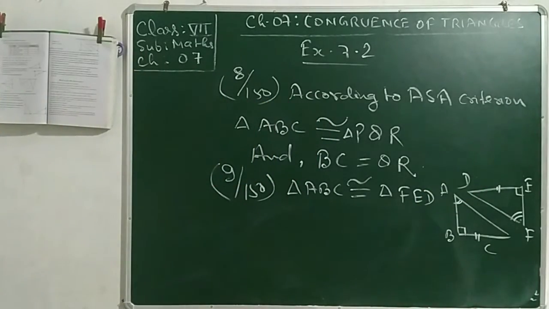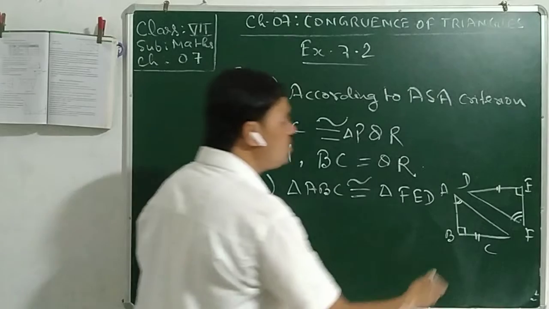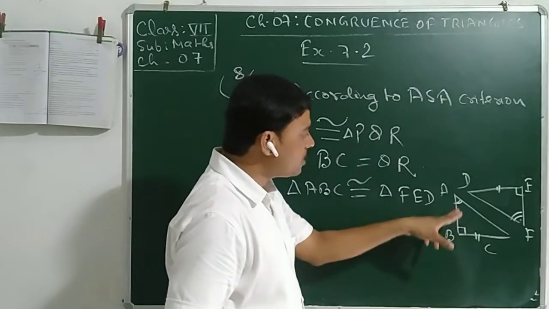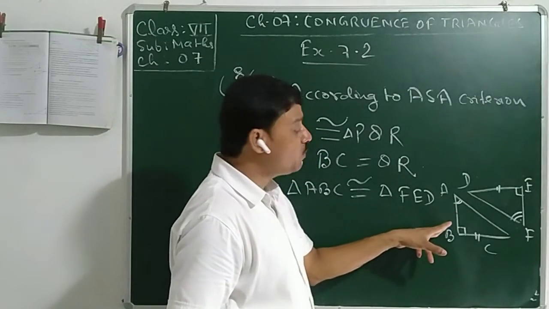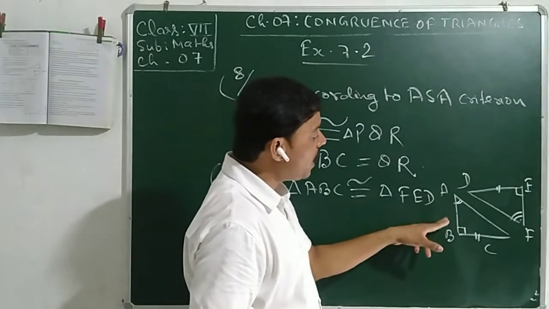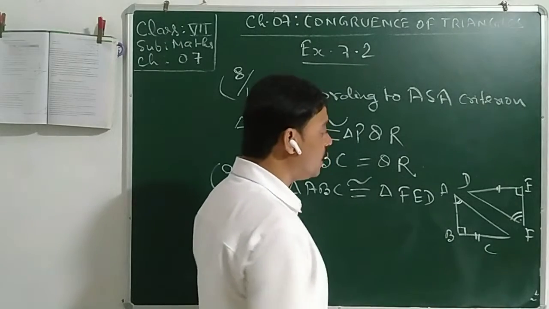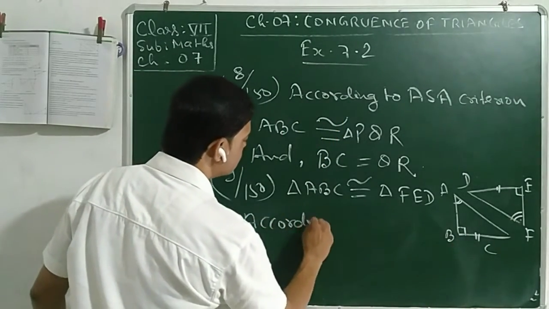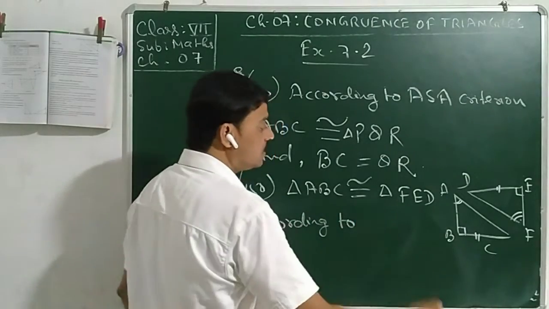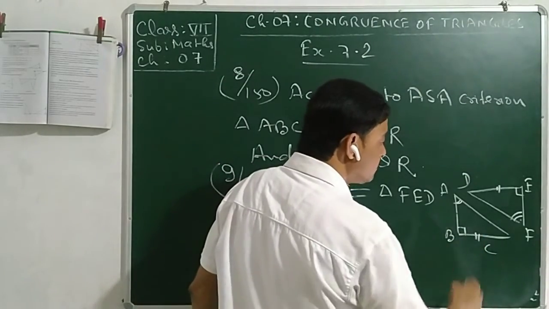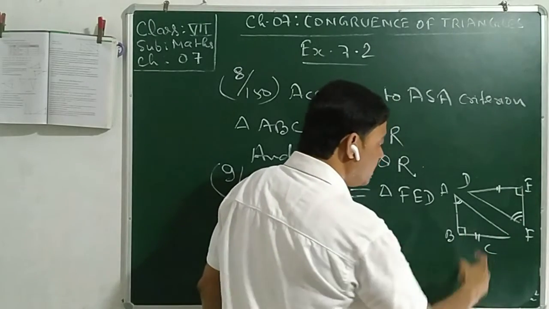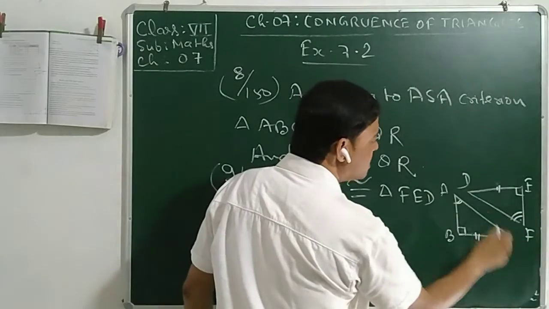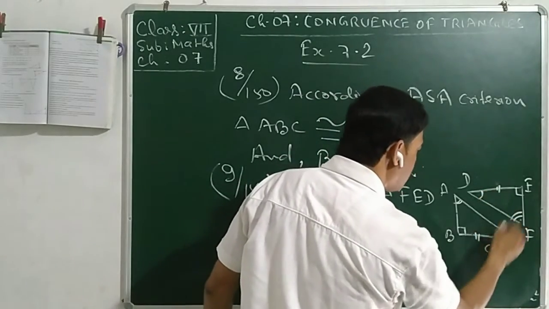So to complete the condition, we can't use here RHS because hypotenuse is not shown here, but 2 angles are shown here. So we can take the 2 angles and 1 side. See, this angle is given, these are equal, this side, they are also equal, and as these angles are equal, so these angles will also be equal.